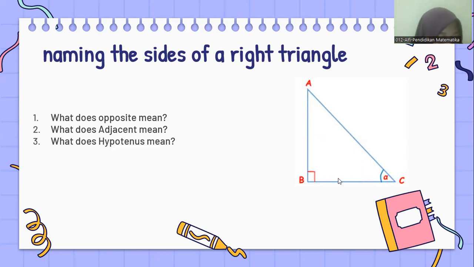Good. What does a hypotenuse mean? From line IC. Good. The next.